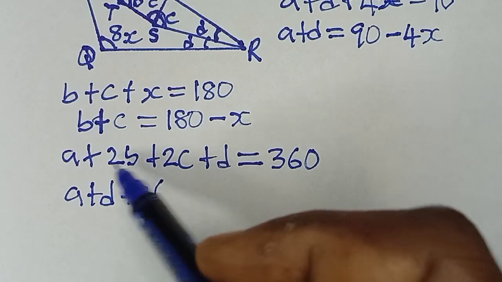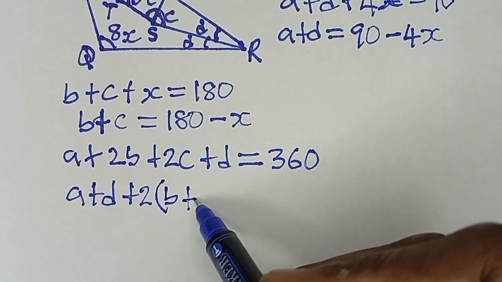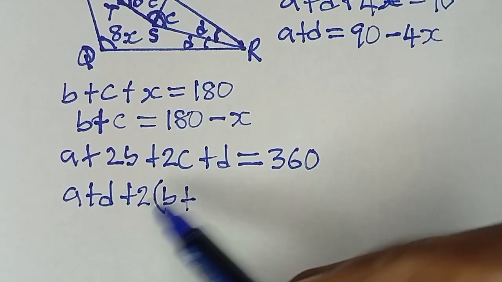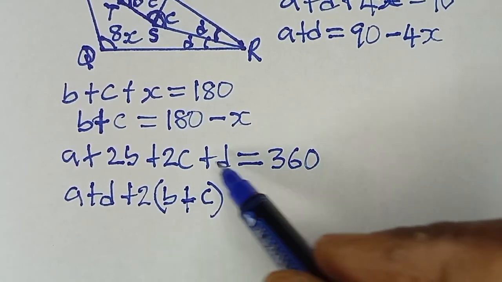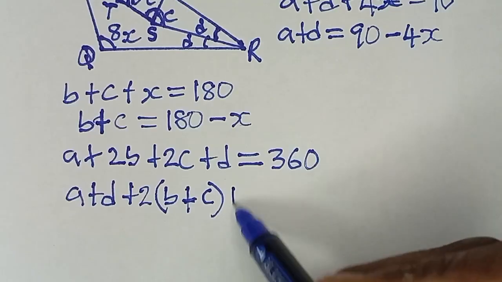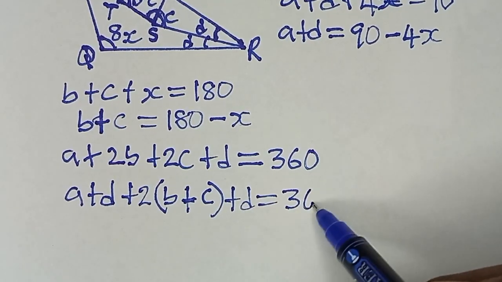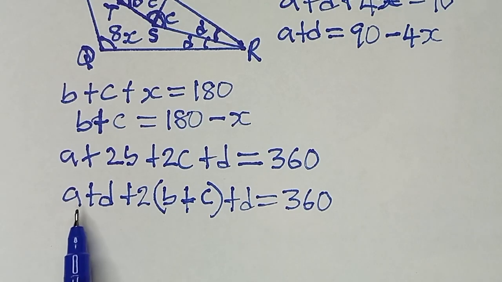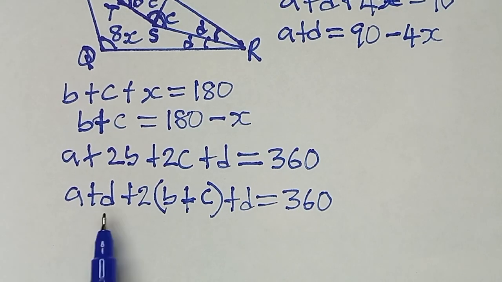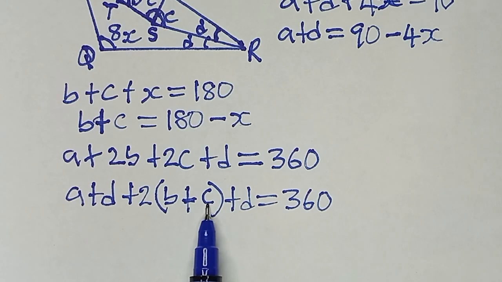I open up bracket, 2B divided by 2, I'm left with B, plus 2C divided by 2, I'm left with C. So that is B plus C, and then plus this angle D here, plus D, and everything should be equal to 360 degrees.